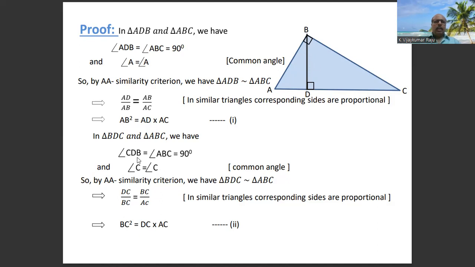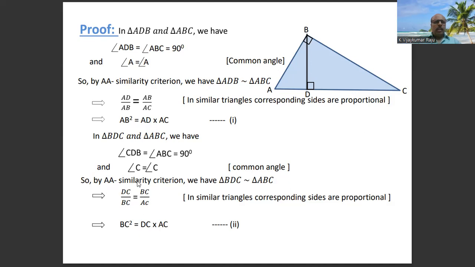Both are 90. So angle CDB is equal to angle ABC is equal to 90 degrees. And this angle C is common to both triangles. It's a part of the side triangle and a part of the full triangle also. So angle C is equal to angle C. It's a common angle.